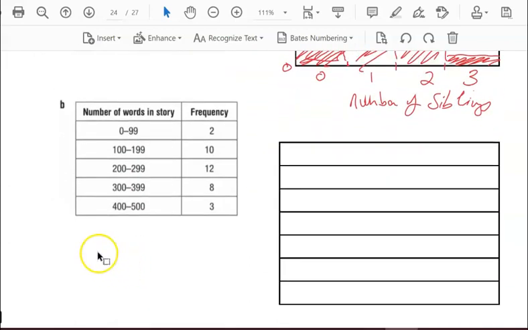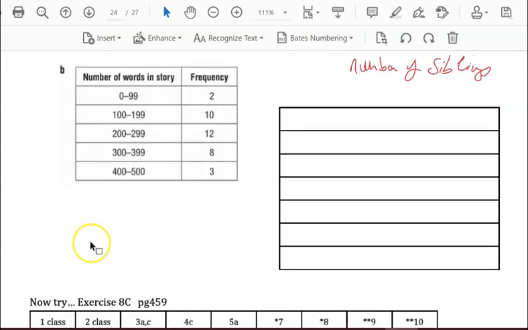Now, sometimes we can categorize the frequency into groups. So number of words in a short story here, somewhere between 0 to 99, and that happens twice. Is the short story between 100 and 199? There's 10 of that. So let's put this out here on our histogram. So down here we want the number of words.